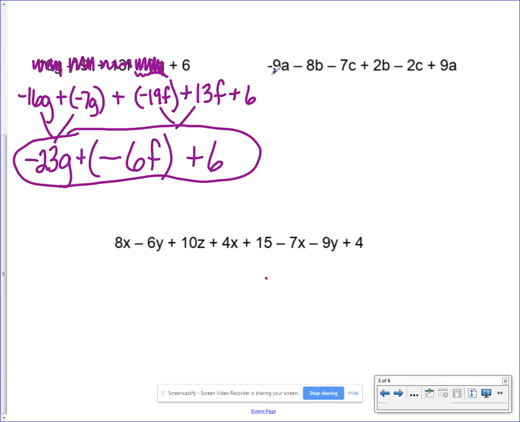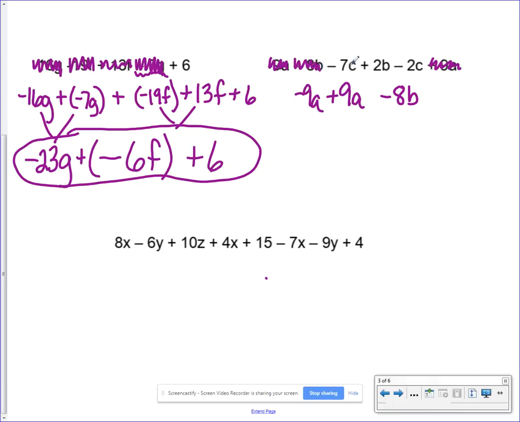So I have negative 9a leading the way. And so I've got that one. Now I'm looking downstream for any other a terms, plus 9a. Sweet. Okay, got that term. Now I've got some b's. This happens to be a negative 8b.